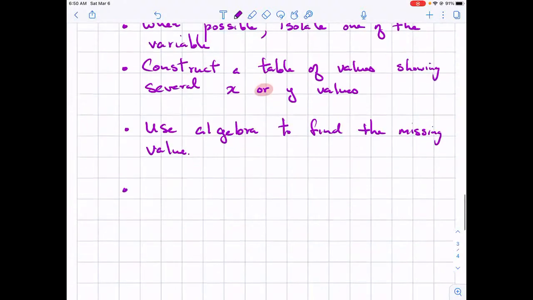And we want to plot points from the table.